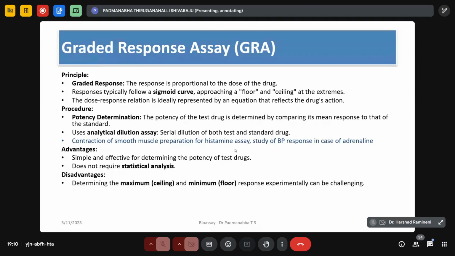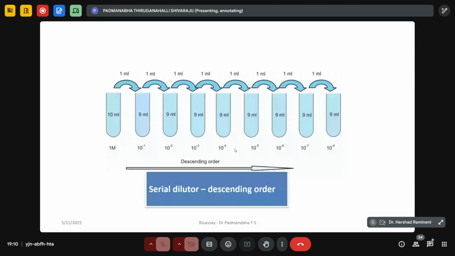So again, why is this challenging? Unless we prepare those individual concentrations properly, we will not get a response as well. This is how serial dilution will be made in descending order. This will be the highest concentration followed by the lowest concentration. Based on that, we need to check the lowest concentration.